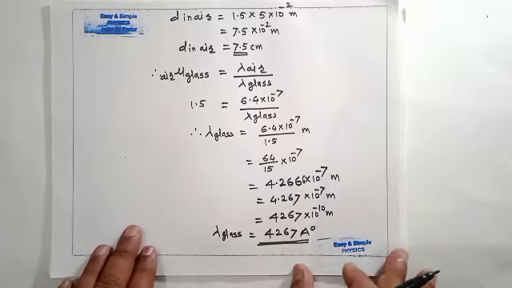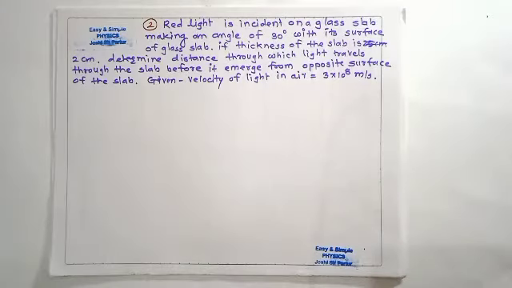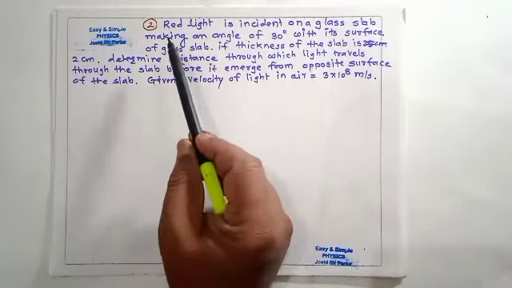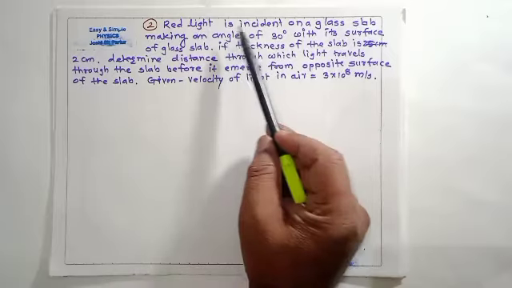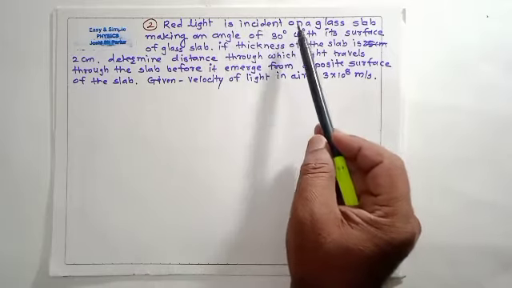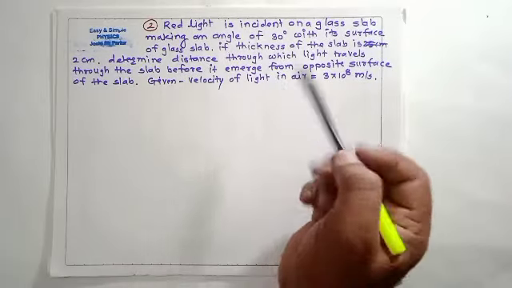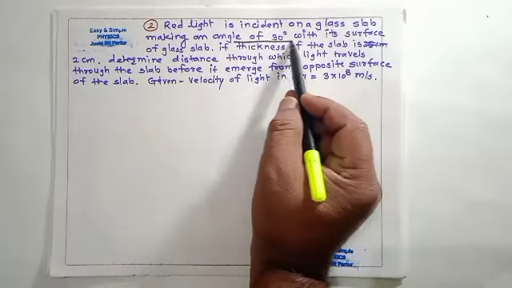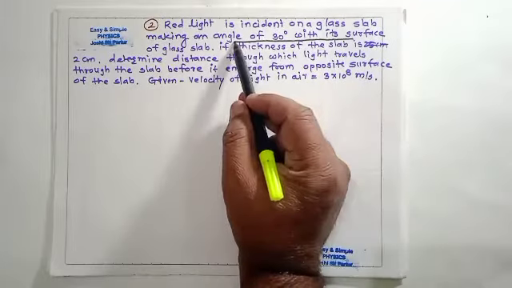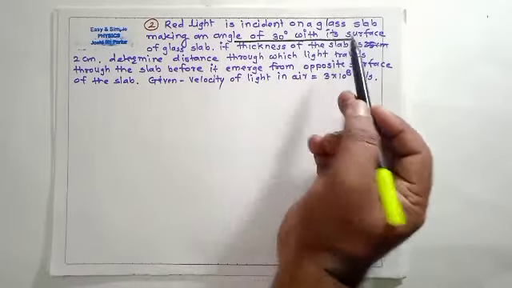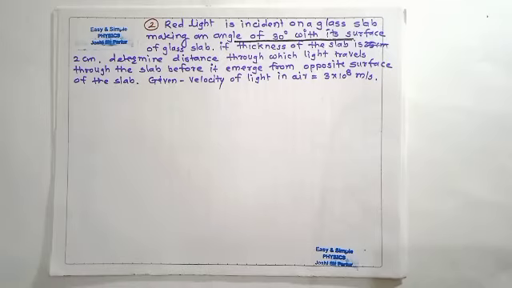Now we can solve another example, which is given as: red light is incident on a glass slab making an angle of 30 degree with the surface of the glass slab.